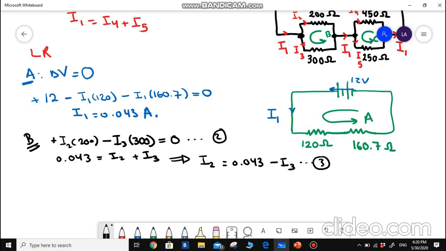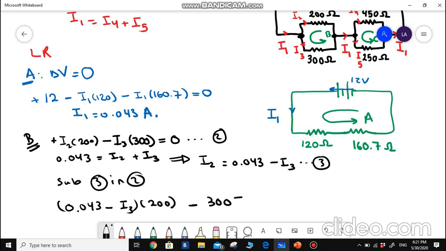So I will be substituting now this equation here. Substitute 3 in 2. I will get 0.043 minus I3, this is the value of I2, multiplied by 200, minus 300 I3 equals 0.